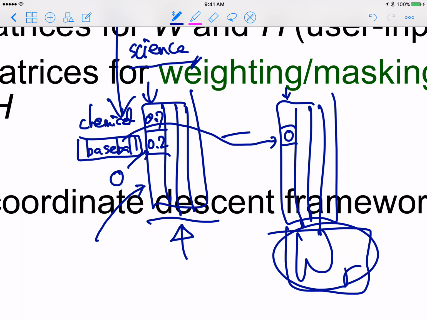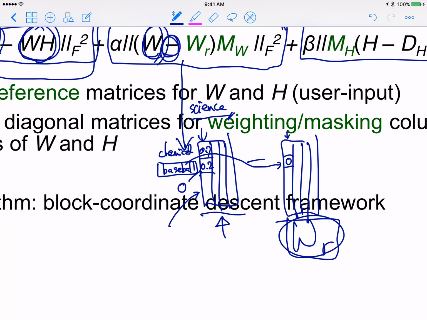And then we just consider the difference between this output that NMF generates and our input, a kind of reference matrix for our topics.